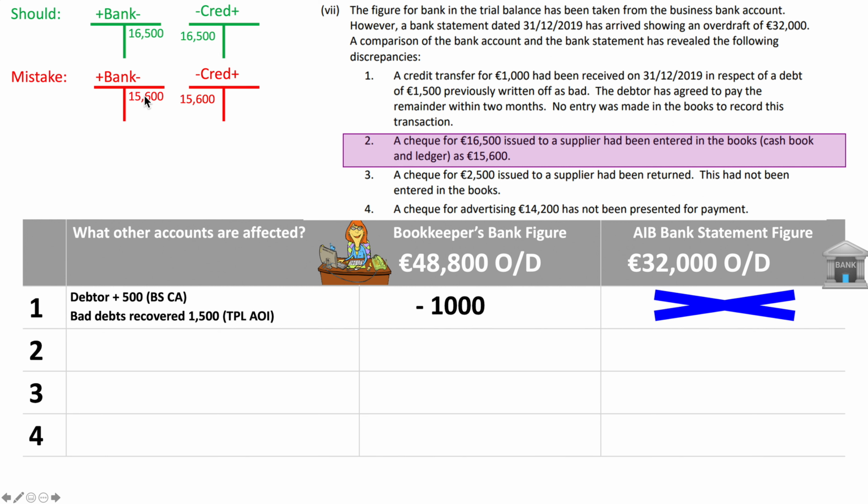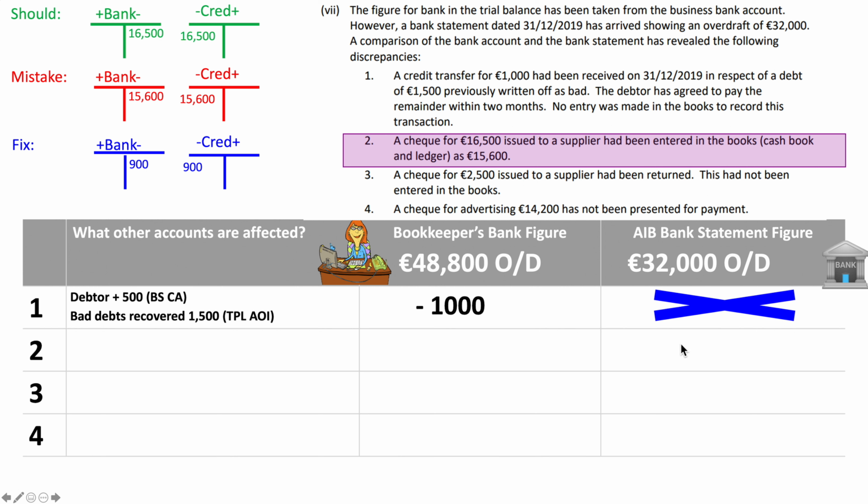Now, unfortunately, the bookkeeper was a bit off that day that they were recording it, and they made a mistake. They just swapped their figures around by mistake. They entered it as a cheque for 15,600. So how do we fix it? We need to add another 900 to this 15,600 to get to where we want to be here.